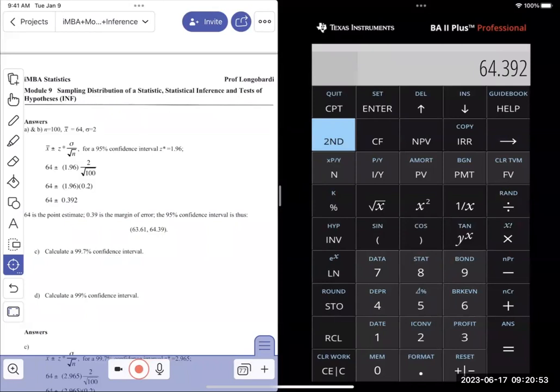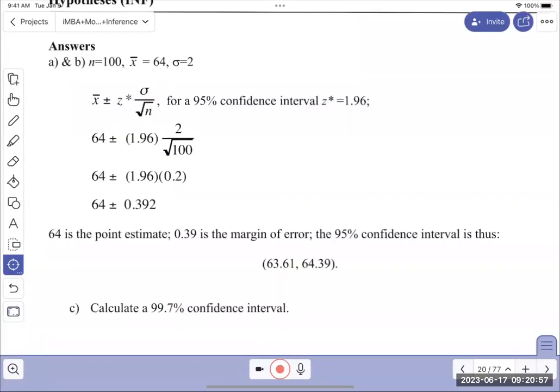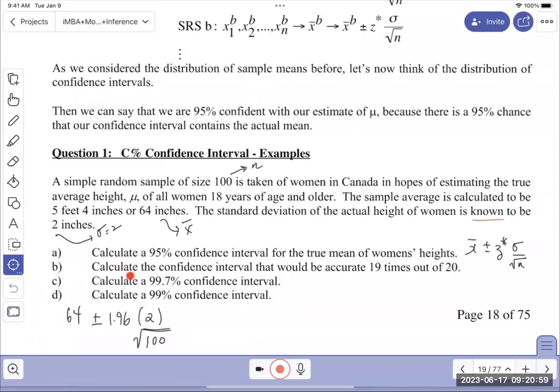And the next question. Calculate the confidence interval that would be accurate 19 times out of 20. How do we answer that?